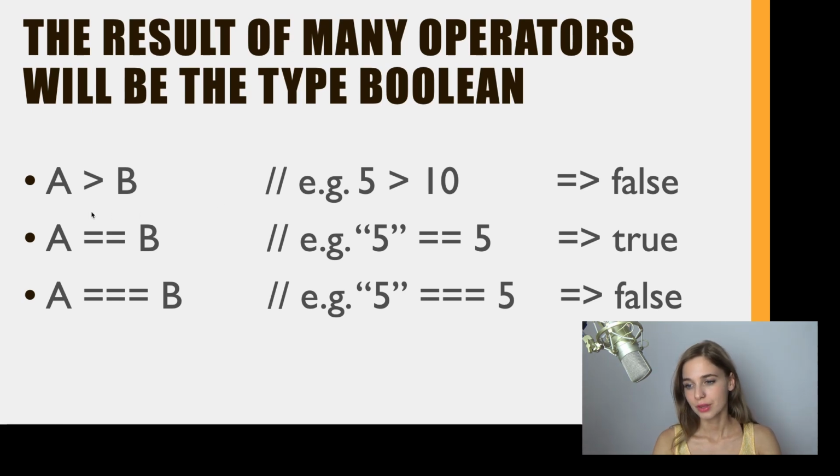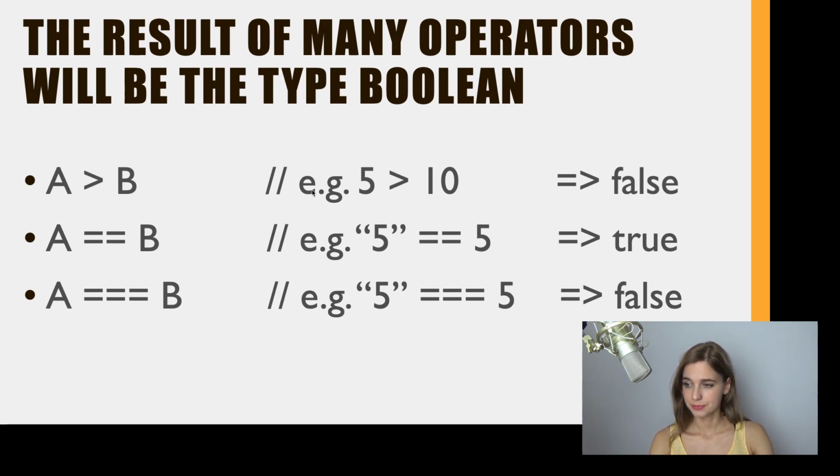If you have a look at the example, we have A greater than B. The sign of greater than, it's our operator. It's something used to compare two values. And A and B, these are elements that the operator operates on, and these are called operands.